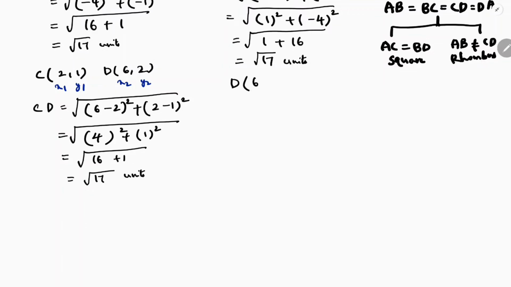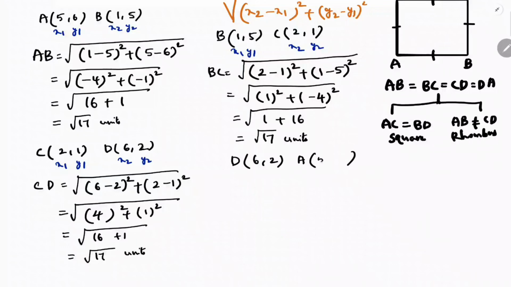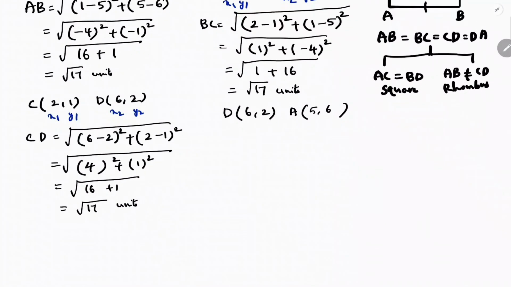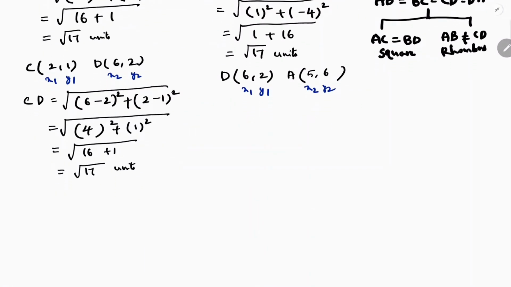Now DA. D is (6, 2) and A is (5, 6). Now I need to find the distance DA. x1, y1, x2, y2.